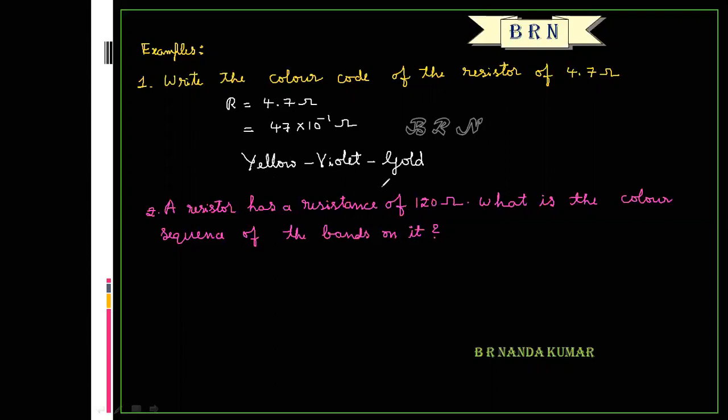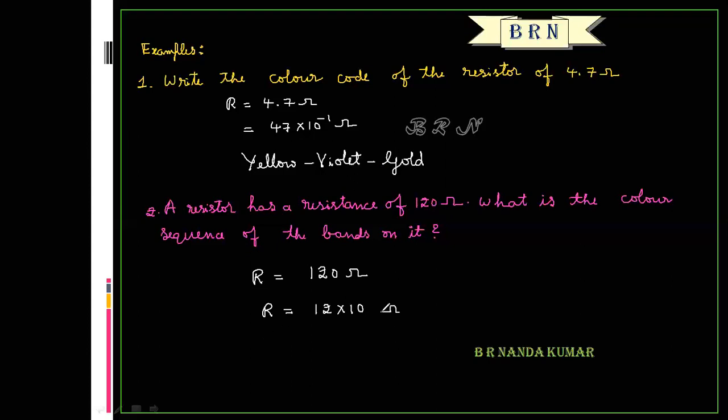Yellow, violet, gold. And the second example, a resistor has a resistance of 120 ohm. What is the color sequence of the bands on it? The resistance is 120 ohm. It's written in the form of 12 into 10, right?